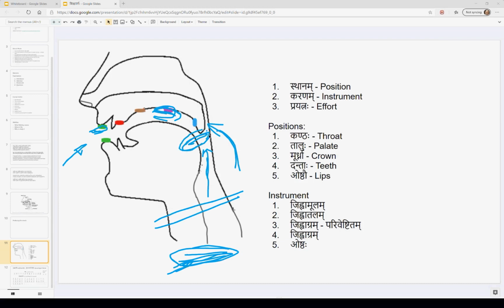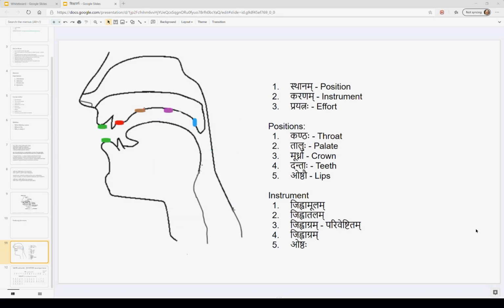So we are starting with what can be produced at this position, starting at the back. So this is the first position we can imagine. We can constrict the air. Right? We cannot constrict the air here because we don't have any voluntary control on this. So from here our effort can start to constrict the air. So here what we have is a sound called ka.